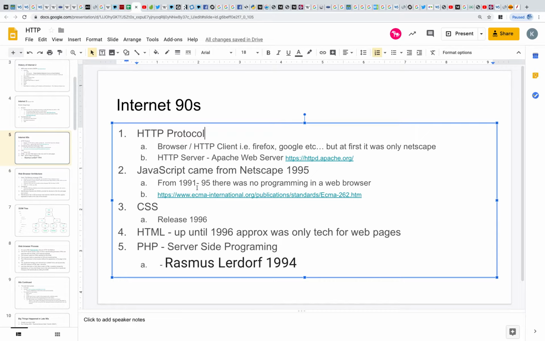Yeah, I wrote my first JavaScript in like 1996. JavaScript was developed by Netscape, and that came along in 1995.